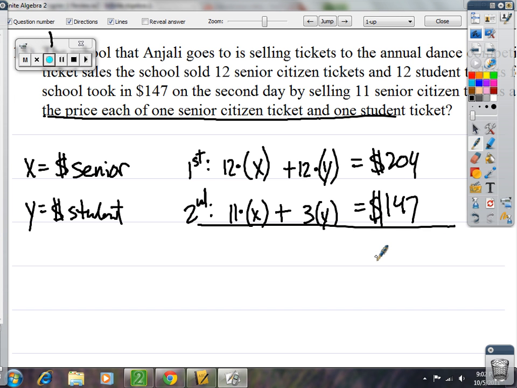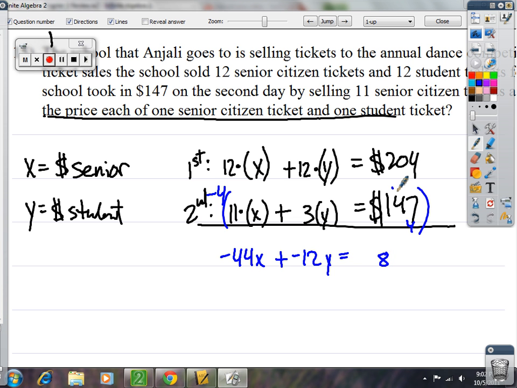So if we add them up, let's look at my x's. 12 x's and 11 x's. The LCM of 11 and 12 is kind of a big number. I'm going to go to my y's. 12 and 3. The LCM of my y's is 12. I can change 3 into a 12. If I multiply this whole bottom equation by a negative 4, that will give me a negative 44x plus a negative 12y, and 147 times 4, what is that?